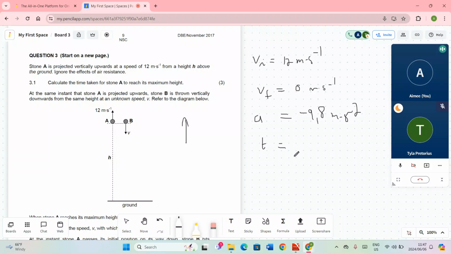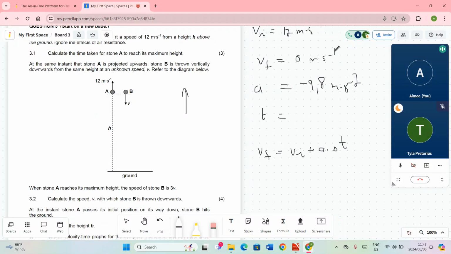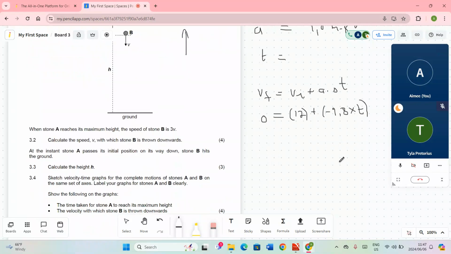One formula that includes all of these is VF equals VI plus acceleration times change in time. So 0 equals 12 plus negative 9.8 times t.